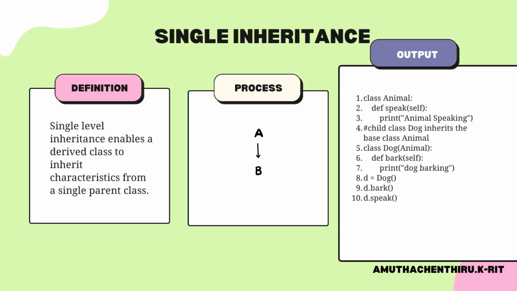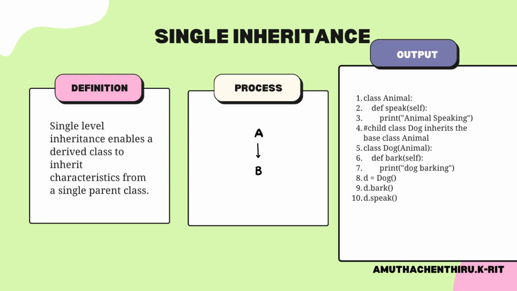It has only one parent class and one child class. A child class inherits characteristics from a single parent class. Here, A is a parent class and B is a child class. In this example, we created a parent class animal. Within this class, we create a function speak with a print statement, animal speaking.